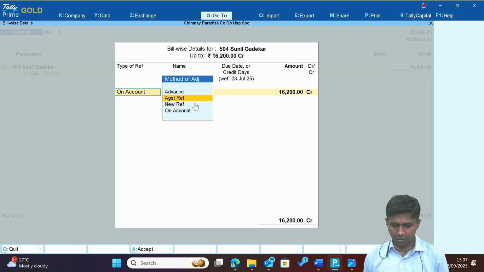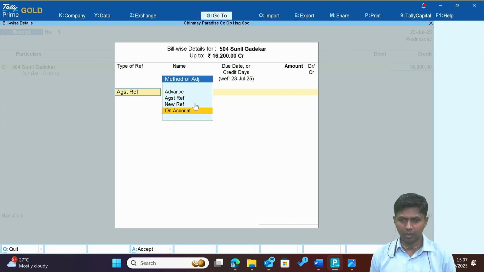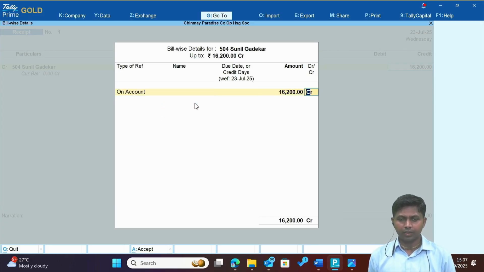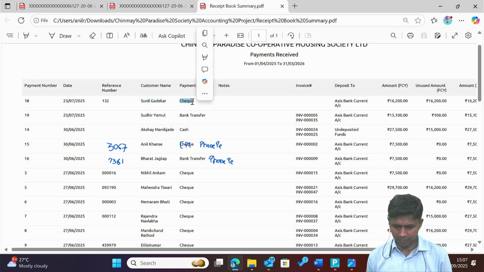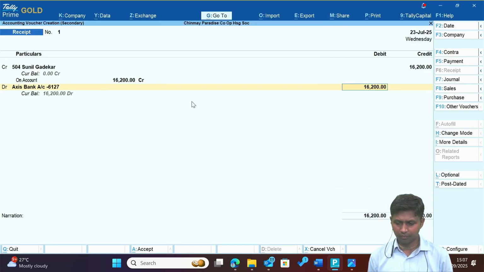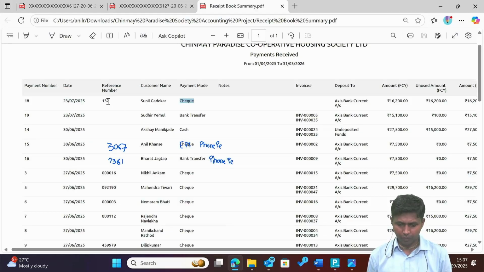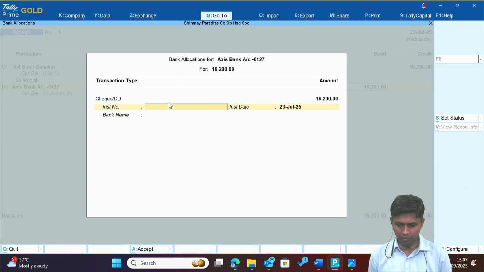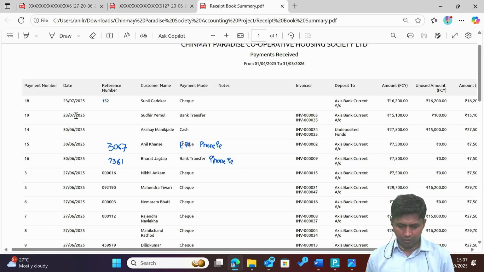I think we must not have created the reference for this, so you can select on account 16,200, and we are getting a check. Here you have to select the bank, Axis Bank we have, and then write the instrument number or reference number, 000132. Okay, accept it.